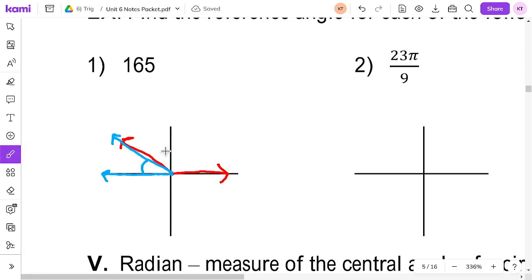Now we know our original angle is 165 degrees, which means this sliver right here is going to have to be 15 degrees. Because this first half of our circle would be 180. Subtract 165 from 180, we get 15 degrees here.